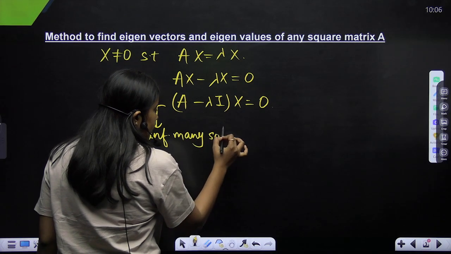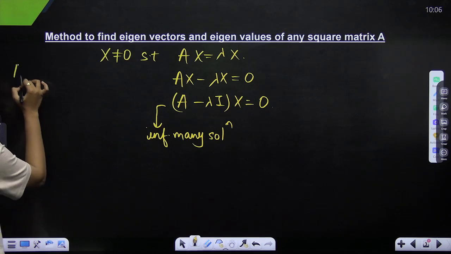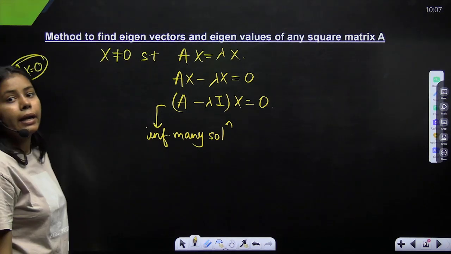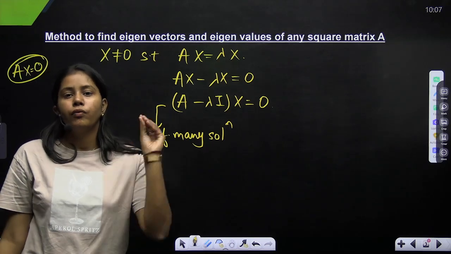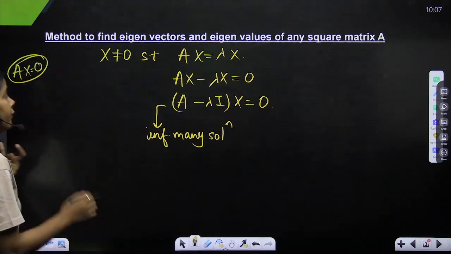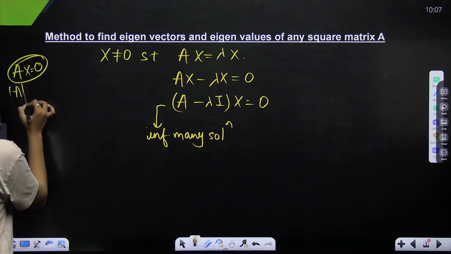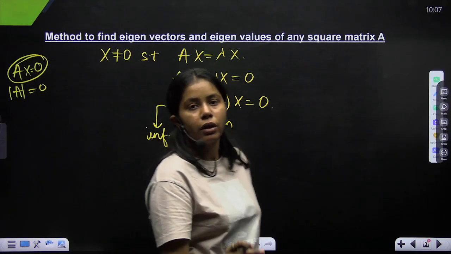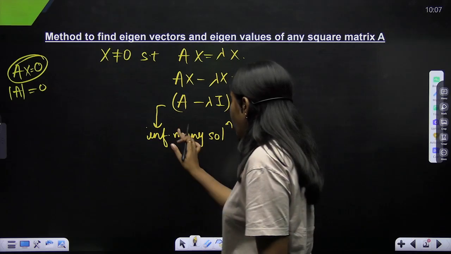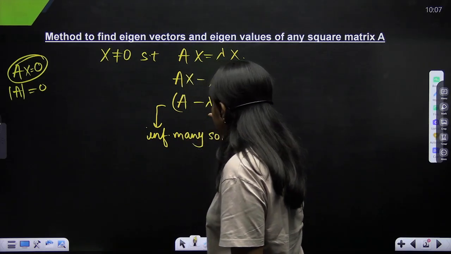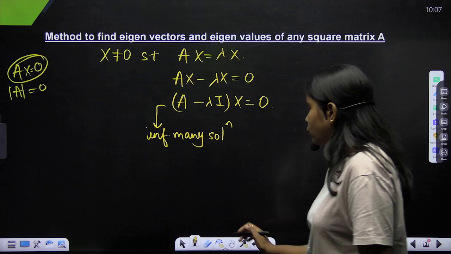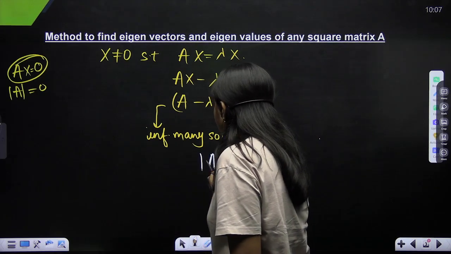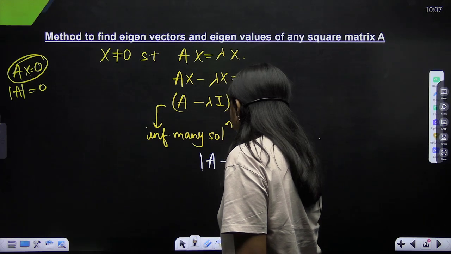We know that if I have a homogeneous system of linear equations Ax equals 0 and I want infinitely many solutions, then the determinant of A should be 0, or I'll say A is a singular matrix. If I want a non-trivial solution, determinant of A should be 0. So here, because for this system I want infinitely many solutions, the determinant of A minus lambda I would be 0.